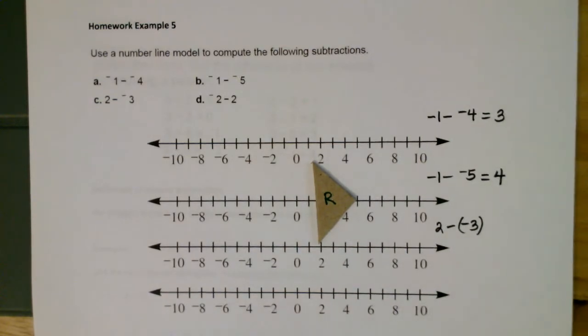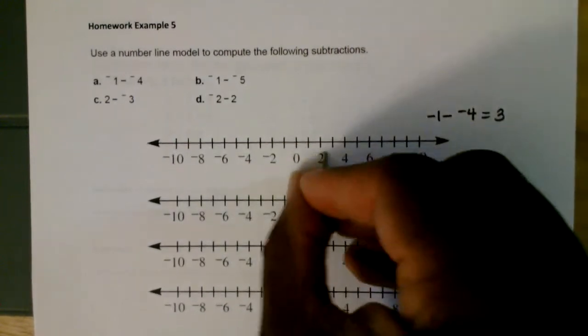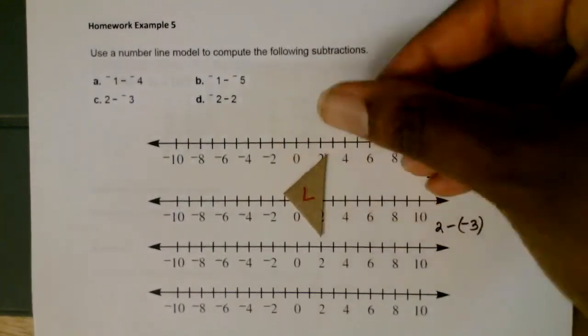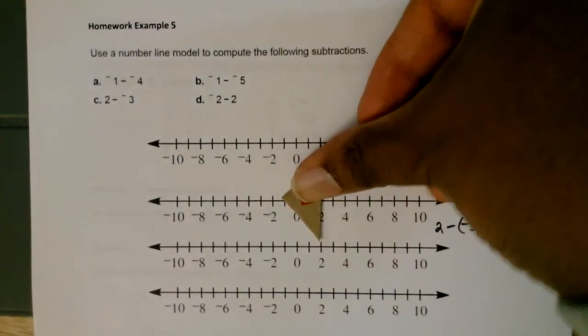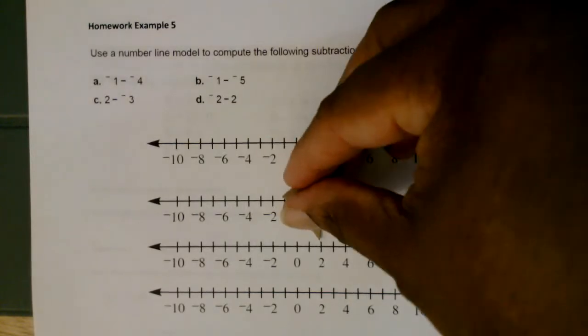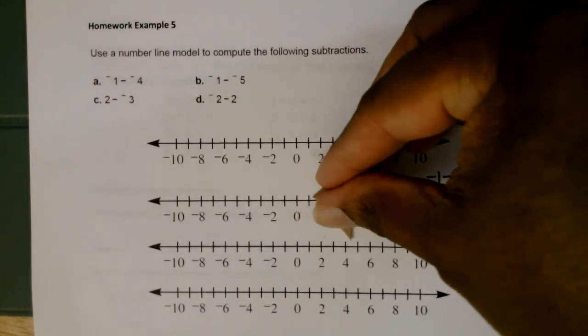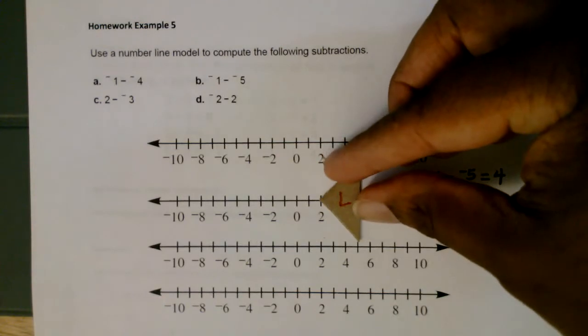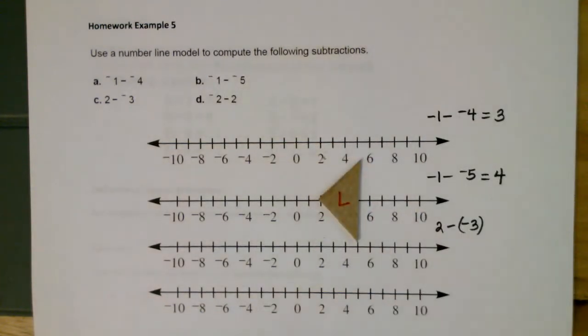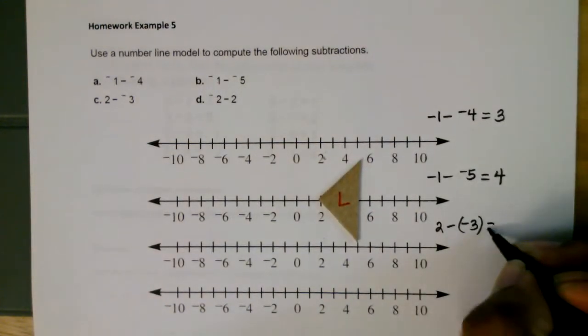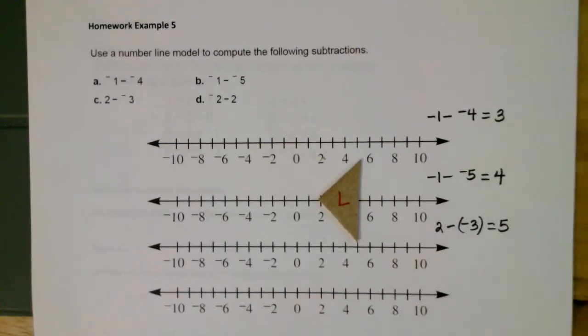Now we're subtracting, so that means I switch from right to left, and then I'm going to go backwards because it's a -3 places, 1, 2, and 3. And here we ended up at +5. So 2 minus a -3 equals 5.